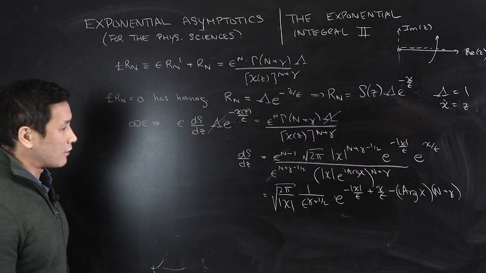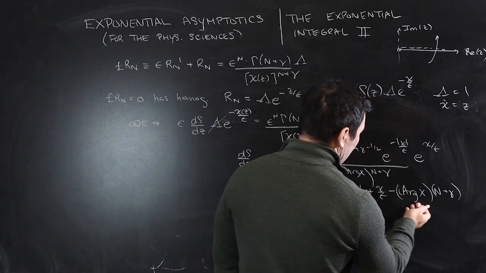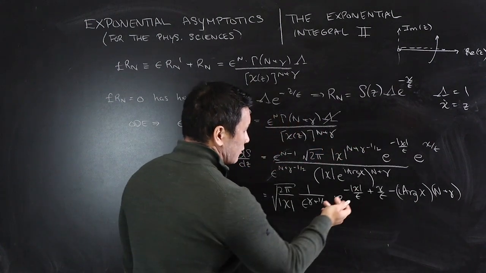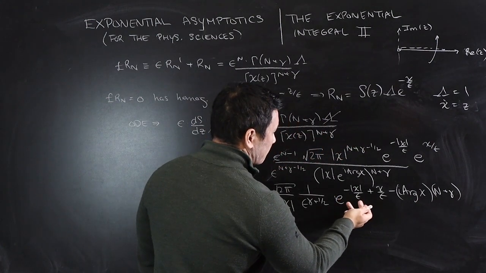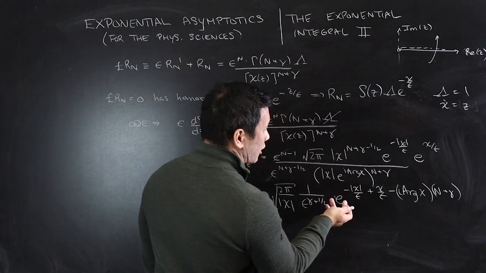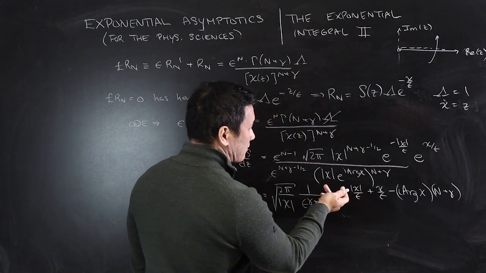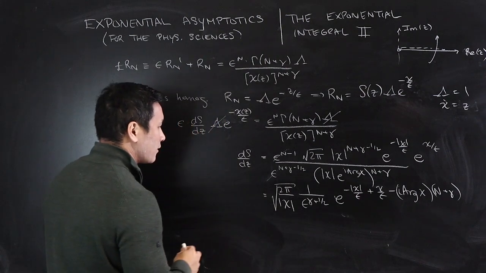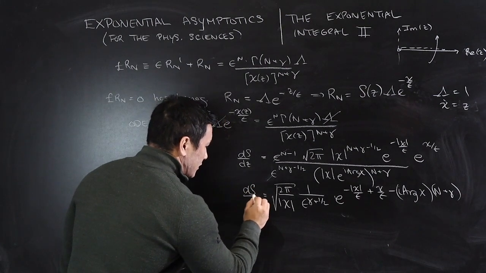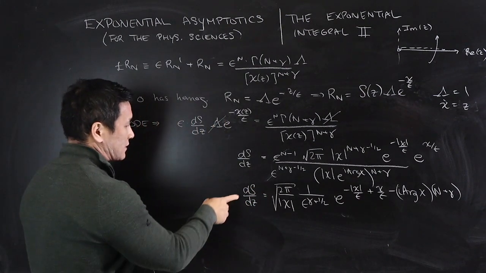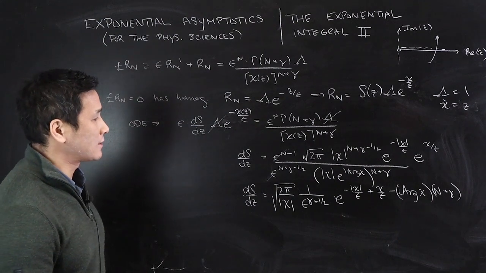Okay. Now this guy is an oscillatory factor. And you see from this quantity, remember that for our problem, chi is just z. So you have essentially z over epsilon minus mod z over epsilon. And this is characterizing the rate of change of this switching factor s.